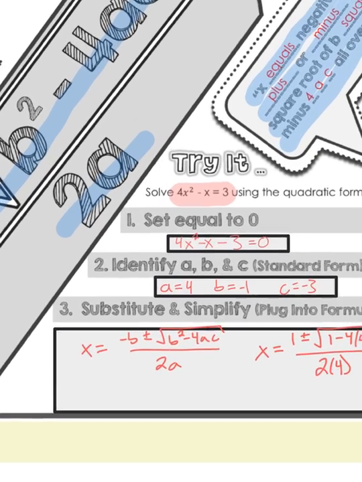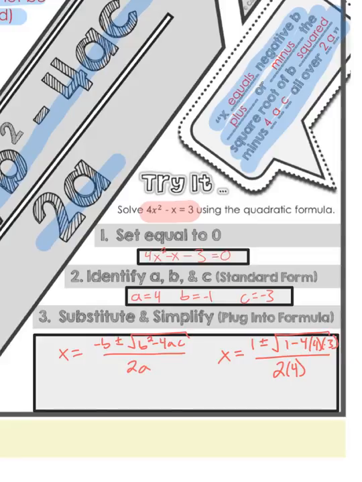Alright, so I'm going to set up two equations now. I have one plus or minus. So my first equation is x equals 1 plus the square root of 1 minus 4 times negative 3. This is going to simplify to the square root of 49, which is 7.